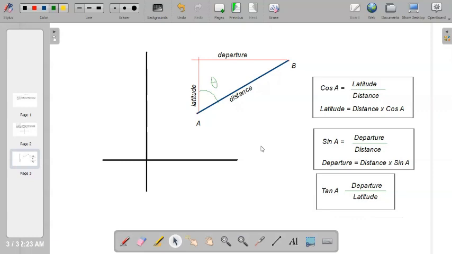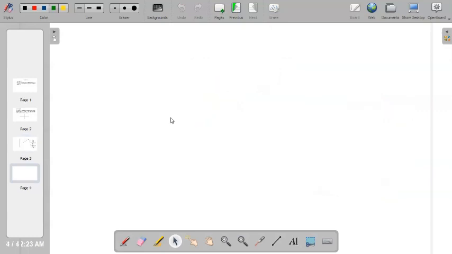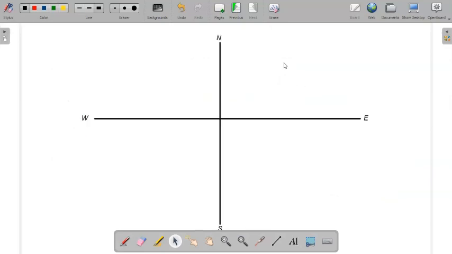So what are the signs of your latitude and departure? Usually, the latitudes and departures go with a quadrant. So let's draw a quadrant here. This is quadrant one.